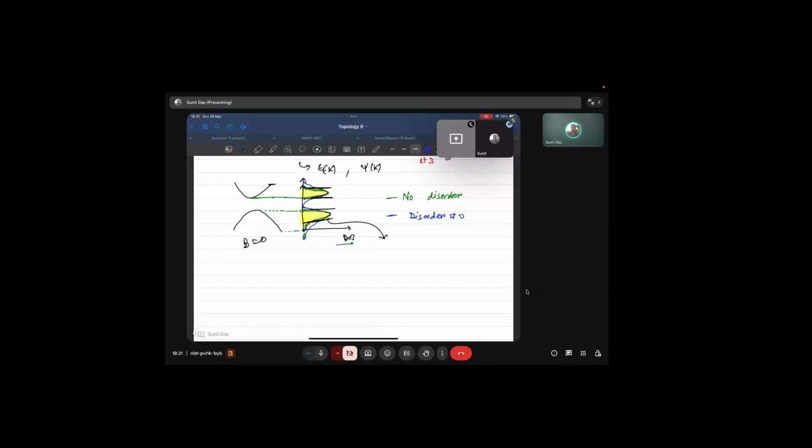So this black colored are the mobility edge. Okay, and these parts are delocalized states.